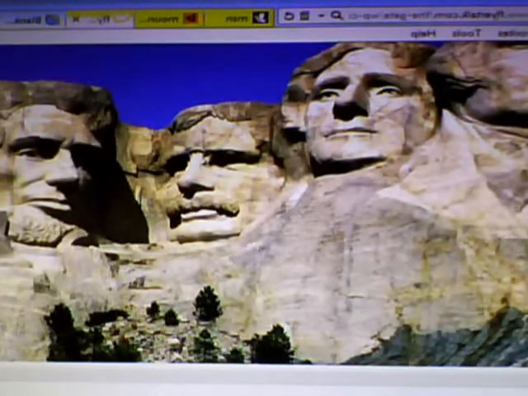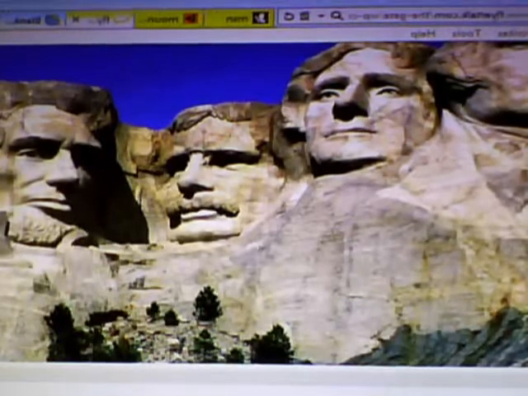So this is a direct conflict of interest for this man to even be carving these heads. Now, but it gets better than that.